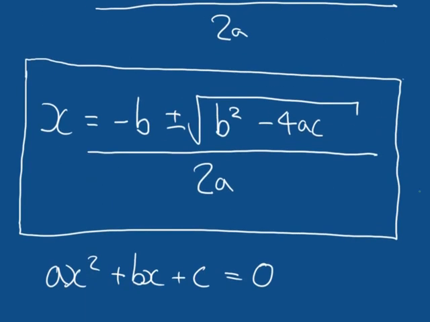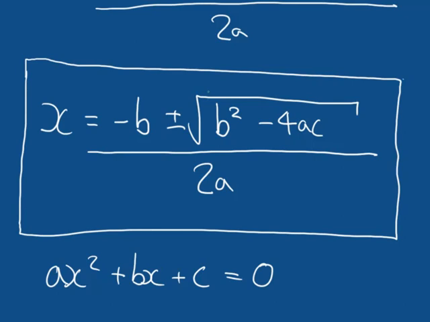Finally, if b squared minus 4ac was less than 0, that is to say that it's negative, well, we can't take the square root of a negative number. Now, okay, I'm going to admit to those of you that are very aware of this, there is a branch of mathematics out there called imaginary numbers, which does allow us to find the square root of a negative number. However, it doesn't apply here. It doesn't affect us for the purpose of solving this equation. And so I'm just going to generally stipulate that for the purpose of solving this equation, we cannot find the square root of a negative number.